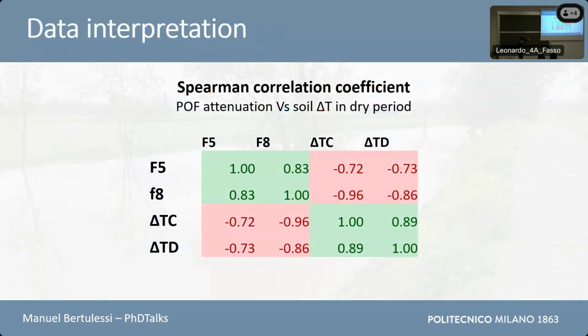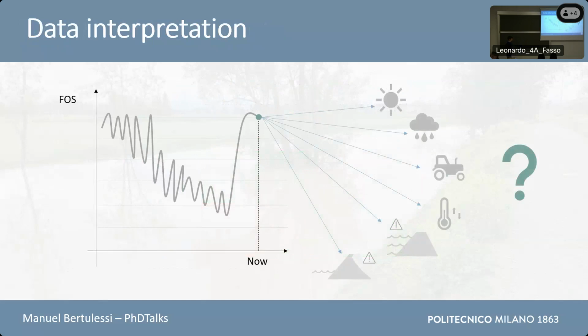And we can see, as I showed you before, an important anti-correlation between the variation of temperature and the attenuation. This is a first result, in the sense that we want to build a model that is able to interpret this data.